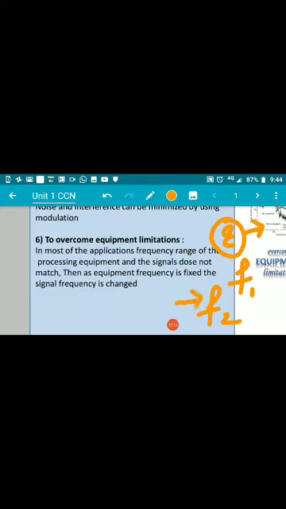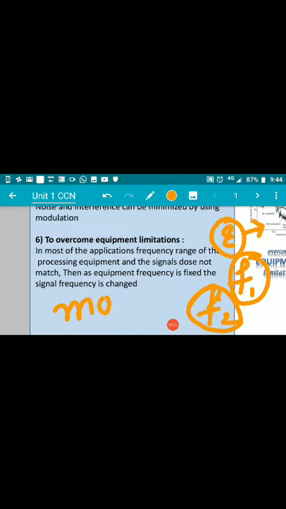To change the frequency from f2 to f1, what should I make use of? I should make use of f1 as the carrier frequency. f1 should become the carrier frequency and f2 should become the modulating signal.